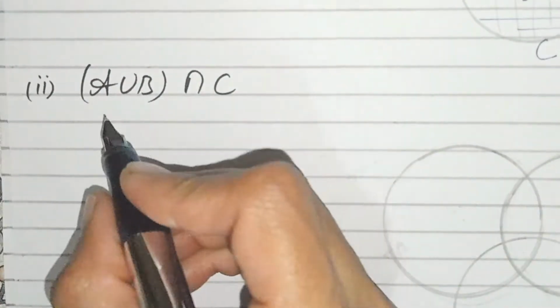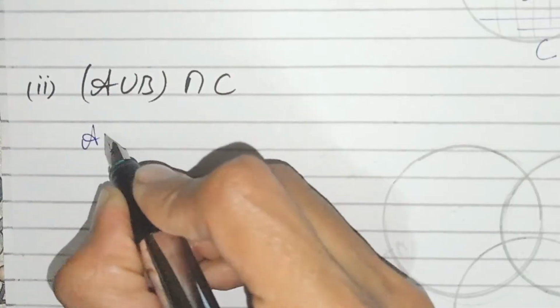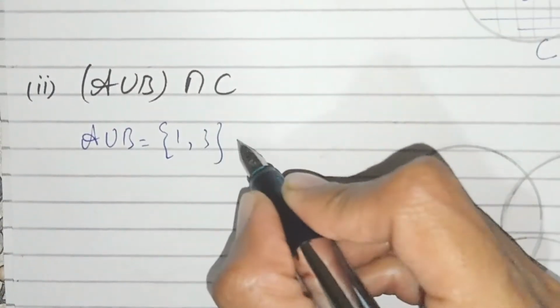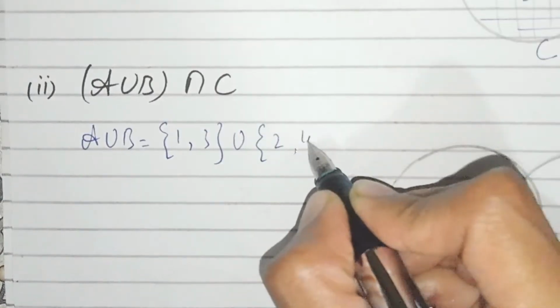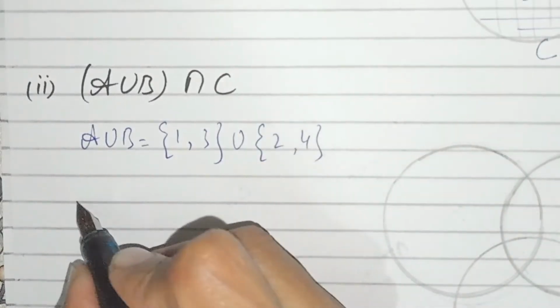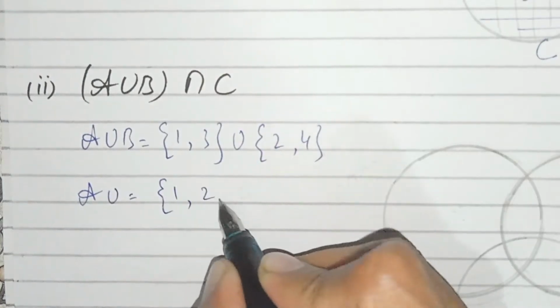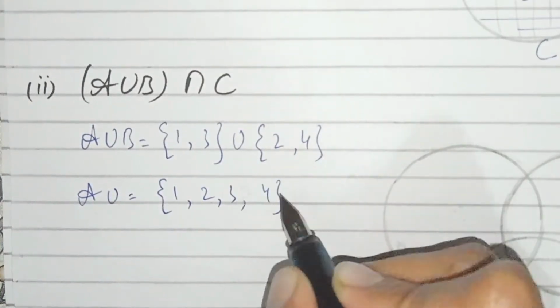Now, students, part number B. A is 1 and 3, and B is 2 and 4. And this one, A union B, is 1, 2, 3, 4.